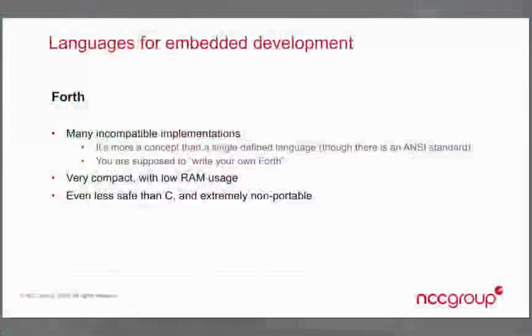Now, that one is very old. It's from the early 1970s. It's older than me, which is already some feat. And it's more a philosophy than a language. And if you talk to people who are doing something with Forth, they tell you that you are not supposed to use the language, you are supposed to re-implement it.